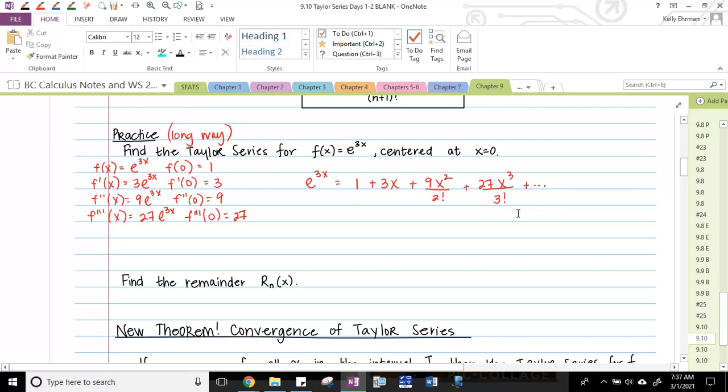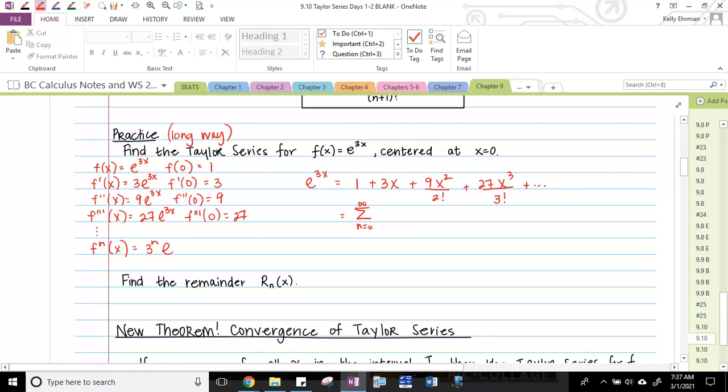Now for the Taylor series, I'm trying to get that this is equal to the summation from 0 to infinity of something. So I need to come up with a pattern here. And maybe you can see it, but you can figure it out off to the side too. So how are these coefficients building? This would be 3 to the 0, 3 to the first, 3 to the second, 3 to the third. Okay, so it's pretty safe to say this is 3 to the n.